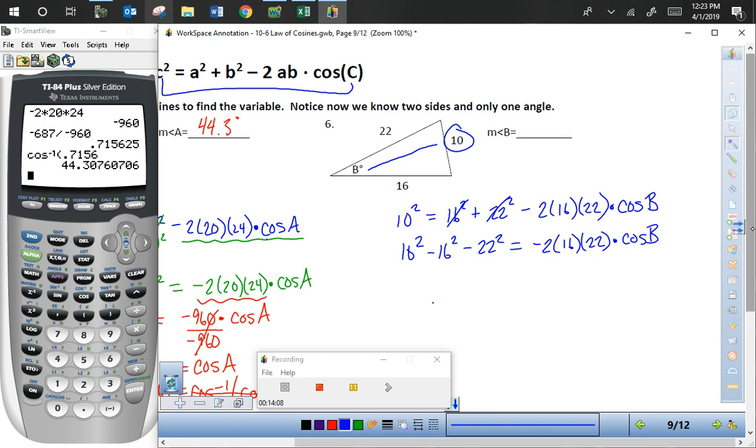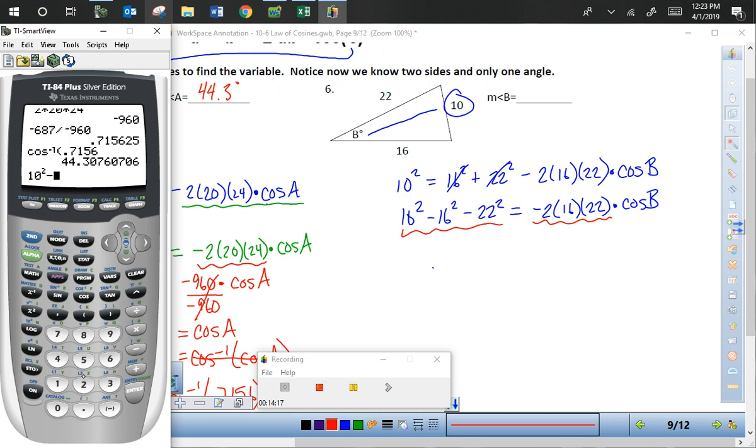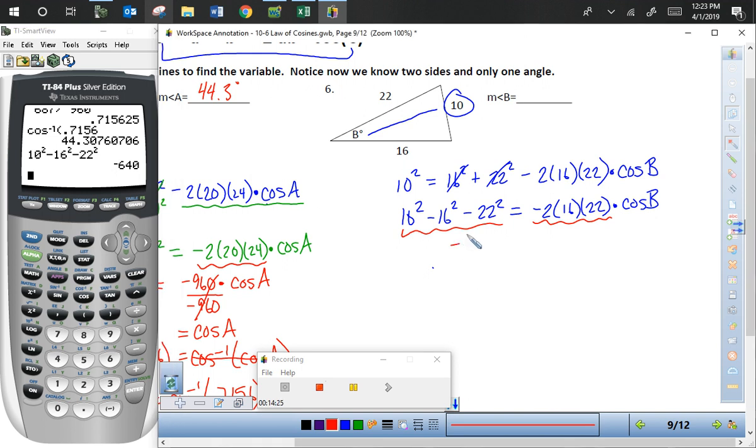From here, we're going to simplify all these numbers. So we're going to type in on the left that chunk and on the right that in front of cosine. So 10 squared minus 16 squared minus 22 squared for negative 640.